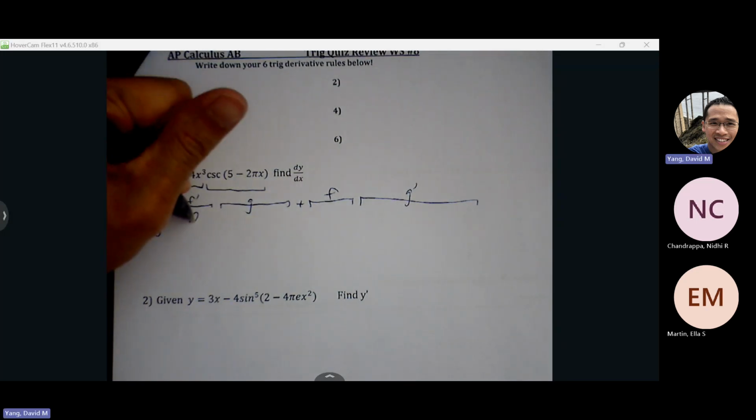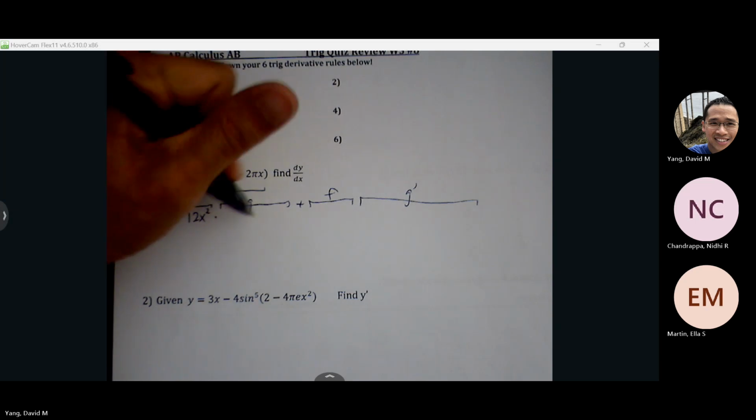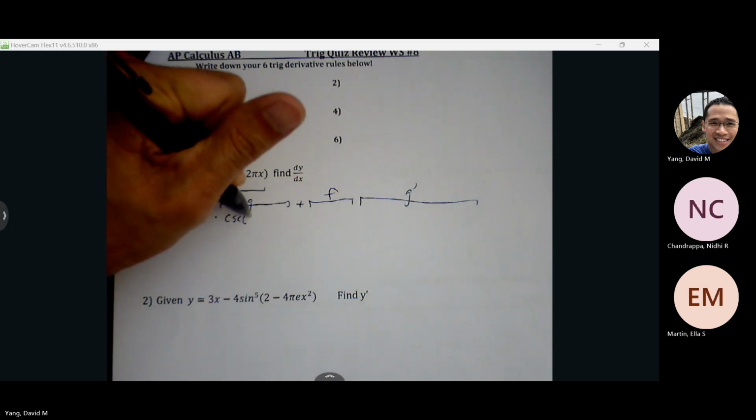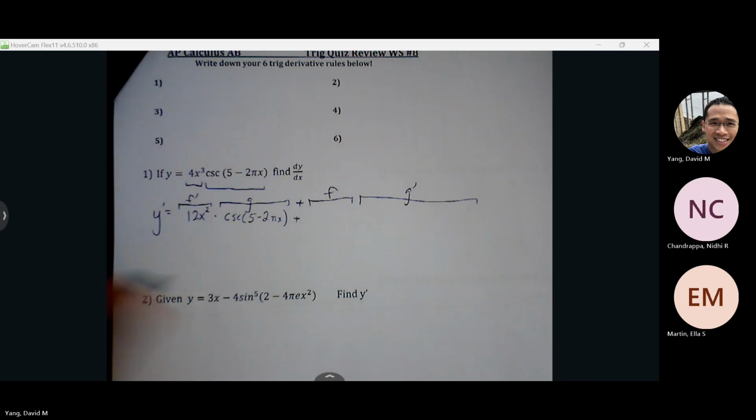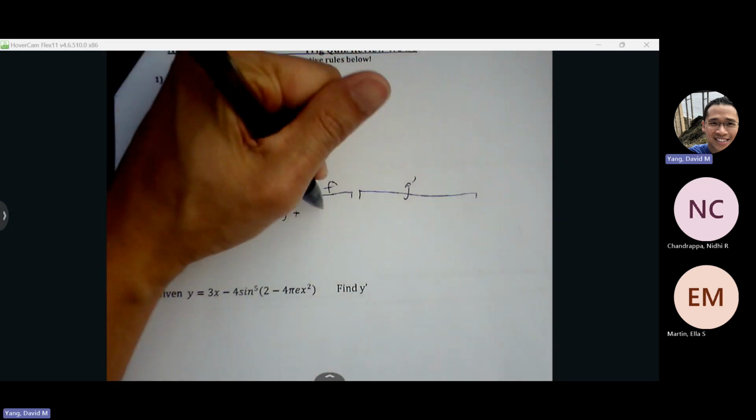Four x cubed becomes 12x squared. G stays, F stays as 4x cubed.